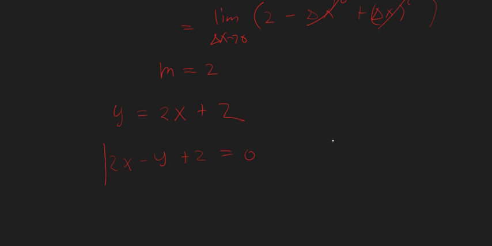So this is the general form, and that is the equation of the tangent line at point (0, 2). So we solve for the slope and substitute it into the slope-intercept form, then we convert it into general form if you want it in general form.